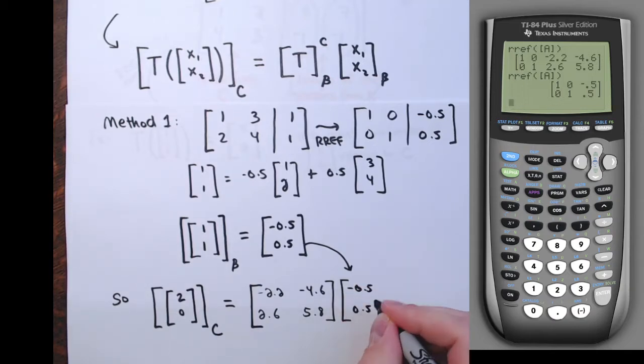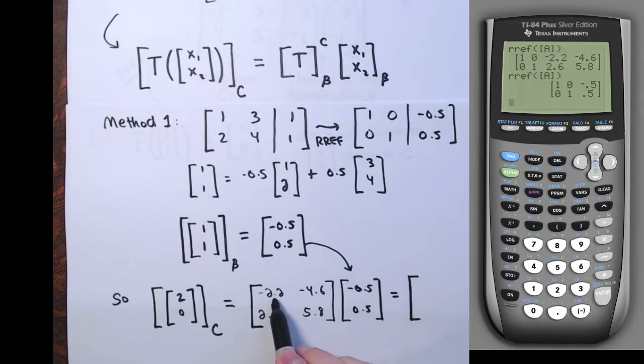Now a 2 by 2 times a 2 by 1 will be a 2 by 1.